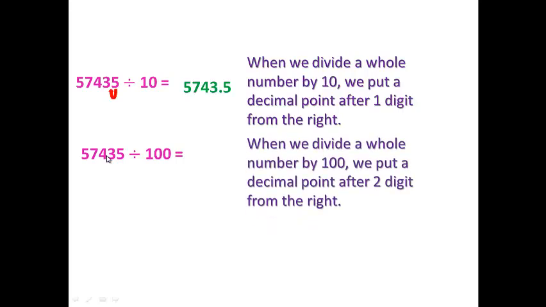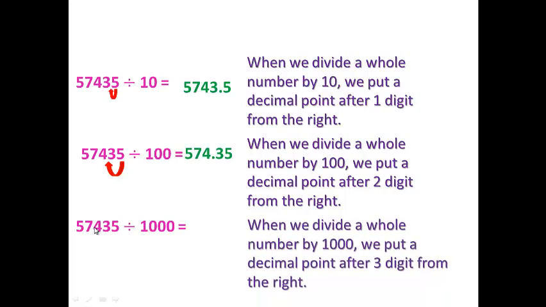The point will sit here between 4 and 3. 574.35. Now we will move back 3 steps. There is no point, so start from the ones place and count the 3 steps back. 1, 2, 3. The point will be between 7 and 4.